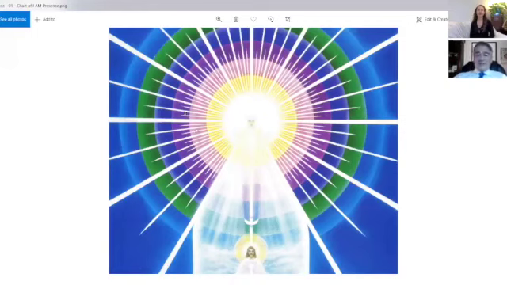It contains the energy of every perfect thought, word, and deed that we have ever expressed in all of our many thousands of lifetimes. It also contains our original endowment that God gave us when our identity was created.